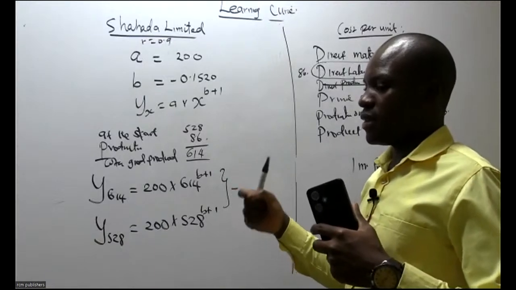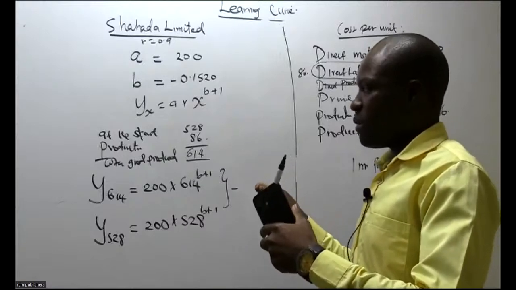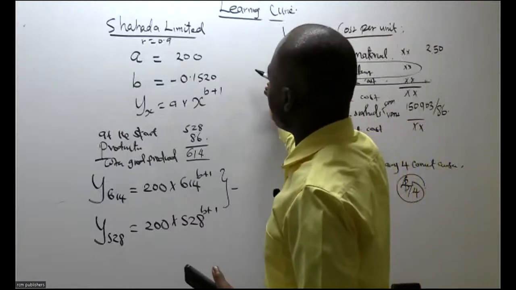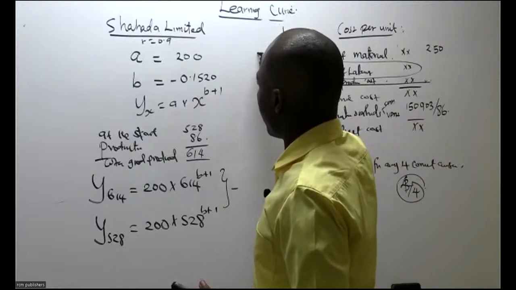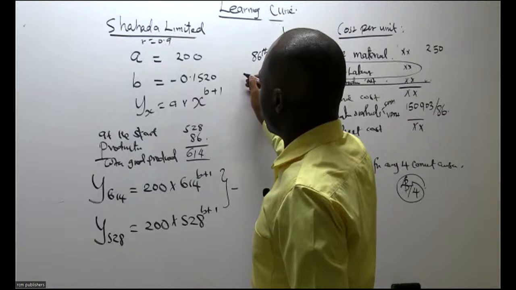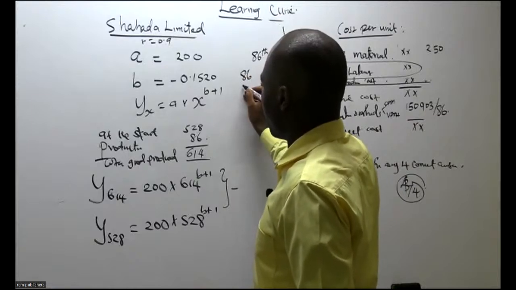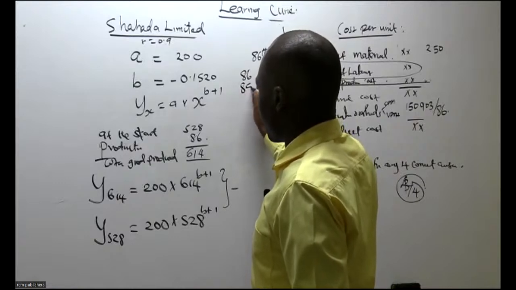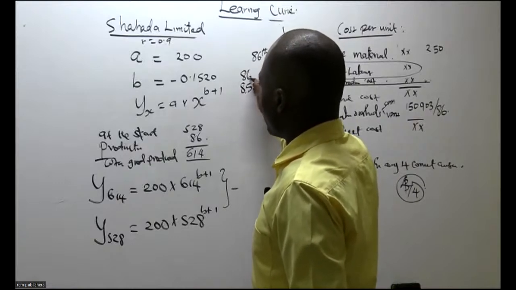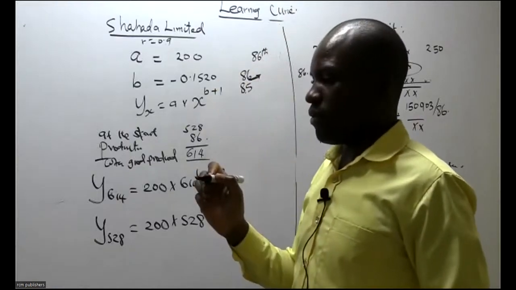Remember, there's a difference between the 86 units and the 86th unit. If you want to get the 86th, you get the first 86, then the first 85, and the difference gives you the cost incurred to produce the 86th unit.